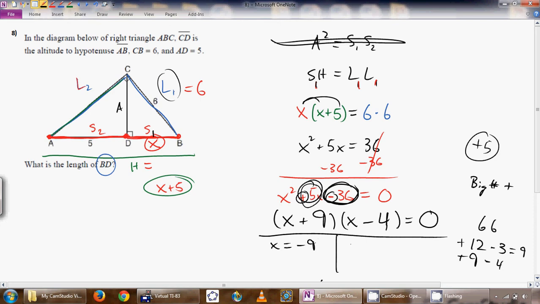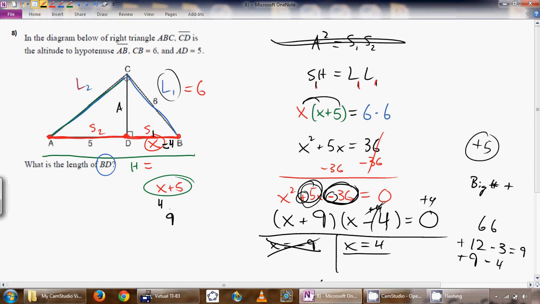If you're unclear, take a look at video 7. And x over here equals positive 4. I'm just adding 4 to both sides to isolate my variable. So I can't have a negative number as a length, so x must be 4. If I substitute that back in, this is 4, this is 4, my hypotenuse is 9.